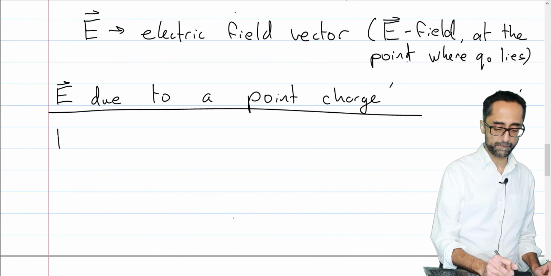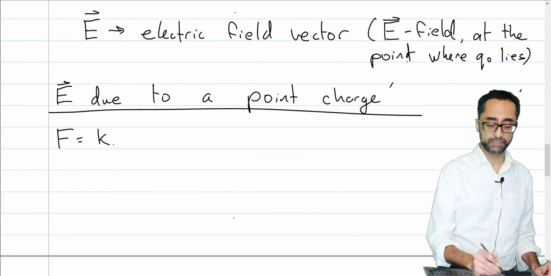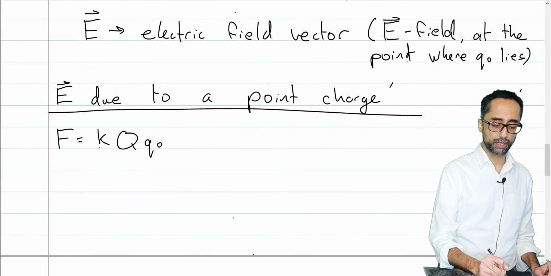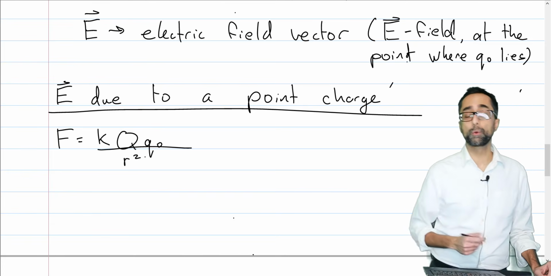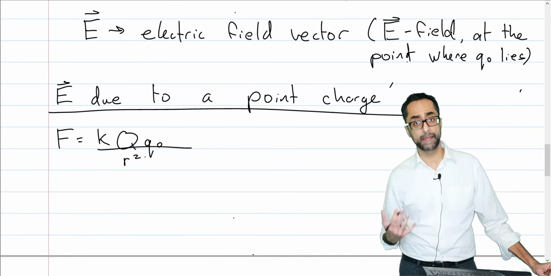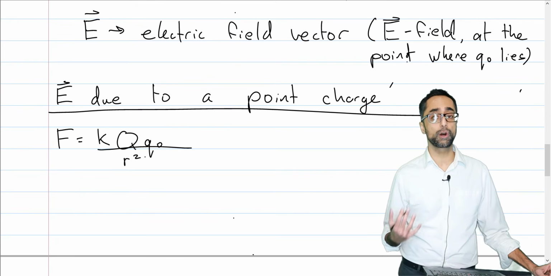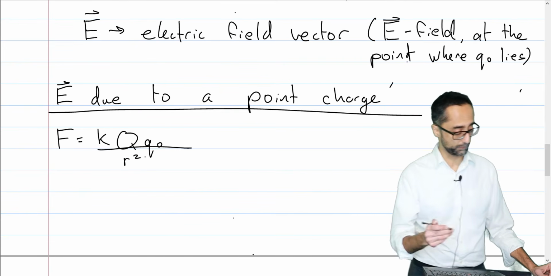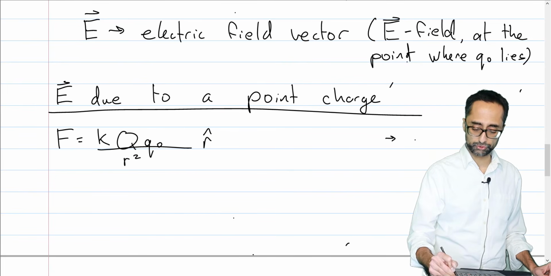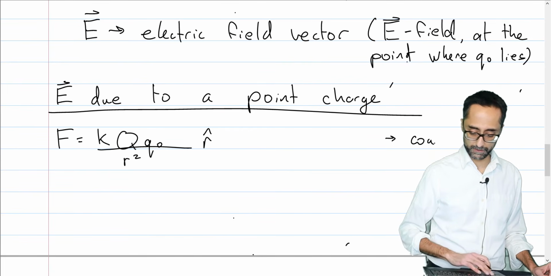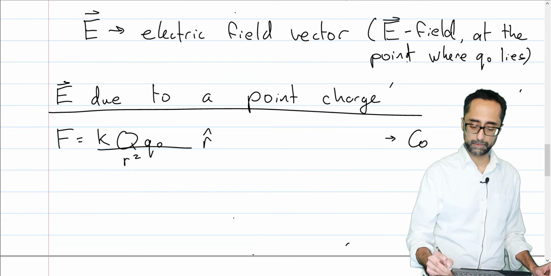We know that F is equal to k Q1 times Q2, but I'm going to write it as capital Q times Q naught. Just to differentiate between my Q's, where big Q is the one that is applying the force onto Q naught, which is feeling the force, our test charge. This is simply just Coulomb's law. Use a capital C.